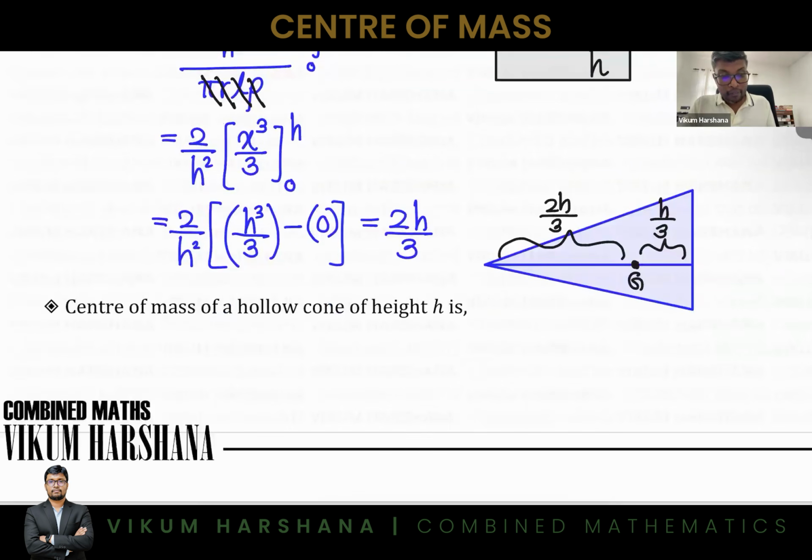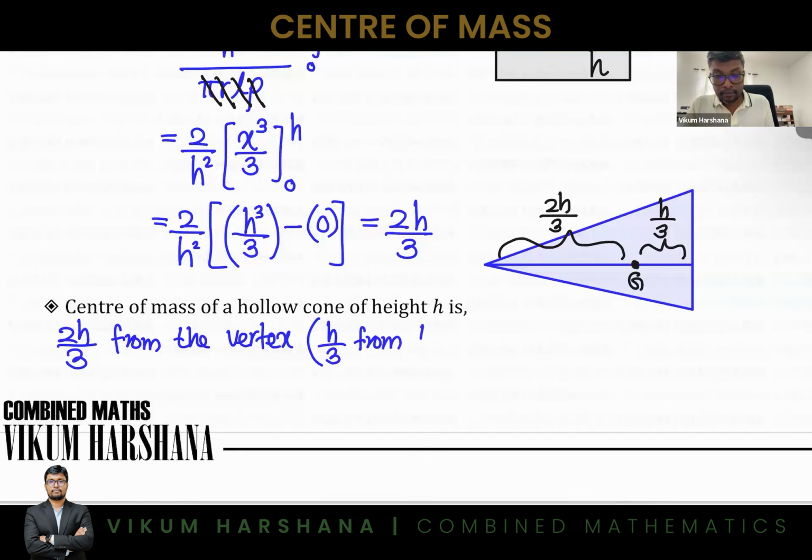So center of mass of a hollow cone of height h is 2h over 3 from the vertex, or you can write h over 3 from the base. Done. So this is the center of mass of a hollow cone.